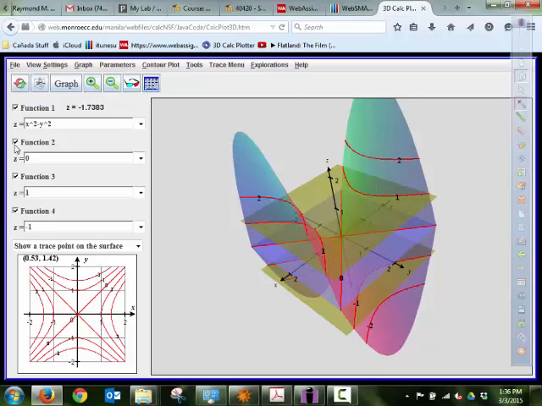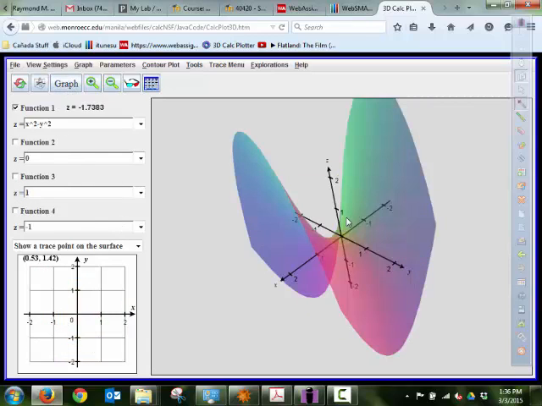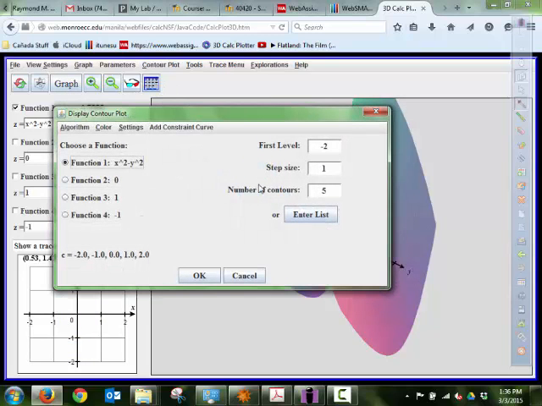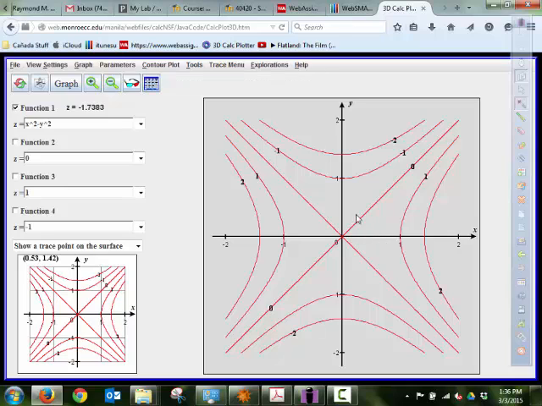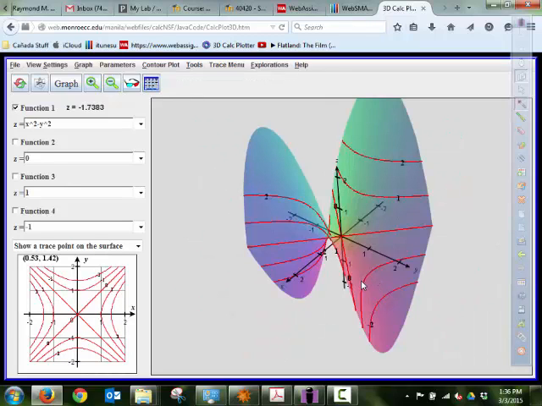So let's take those planes that I put away for now. I think I just clicked on this. Oh, now it disappeared again. So draw a contour, and then I click on this. Oh, there it goes.